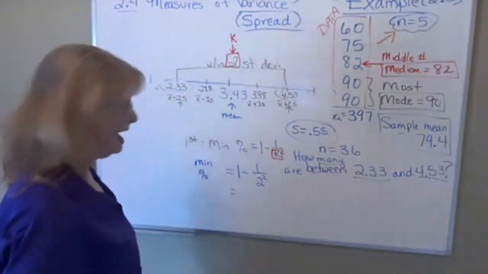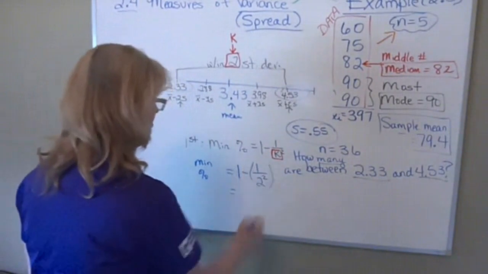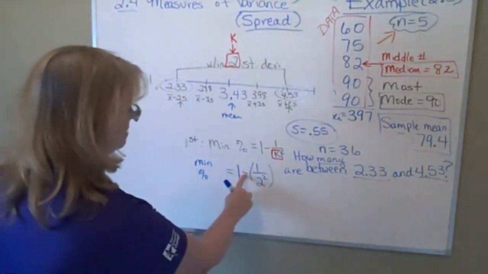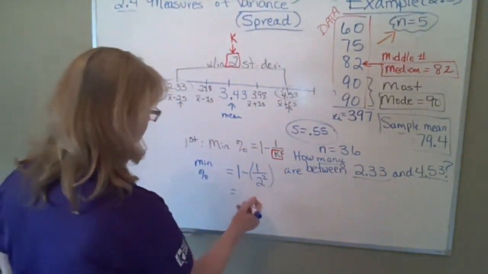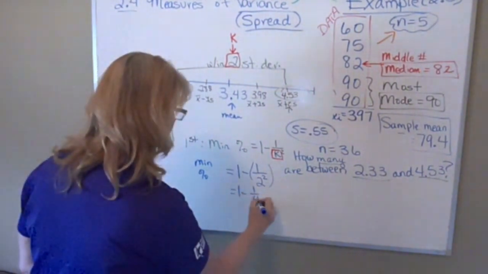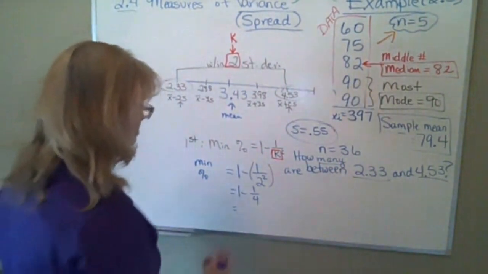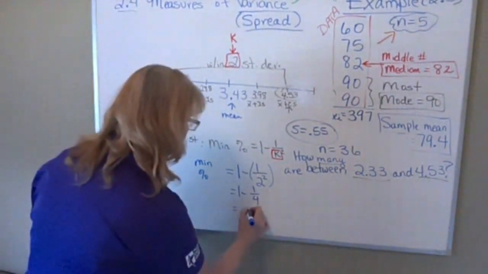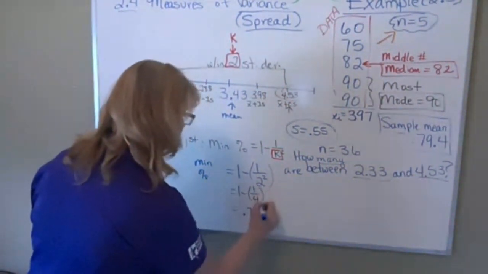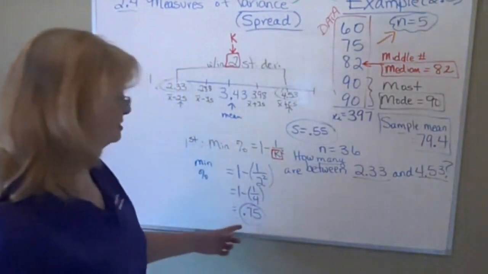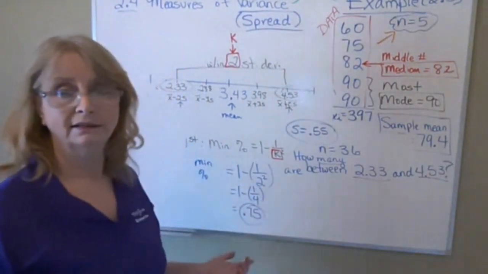You can do this in your calculator. If you do it in your calculator, put that in parentheses. But that's 1 minus 1/4. And it's okay to do this as a decimal. 1/4 is 0.25. This ends up being 0.75. So the minimum percentage is 75%.